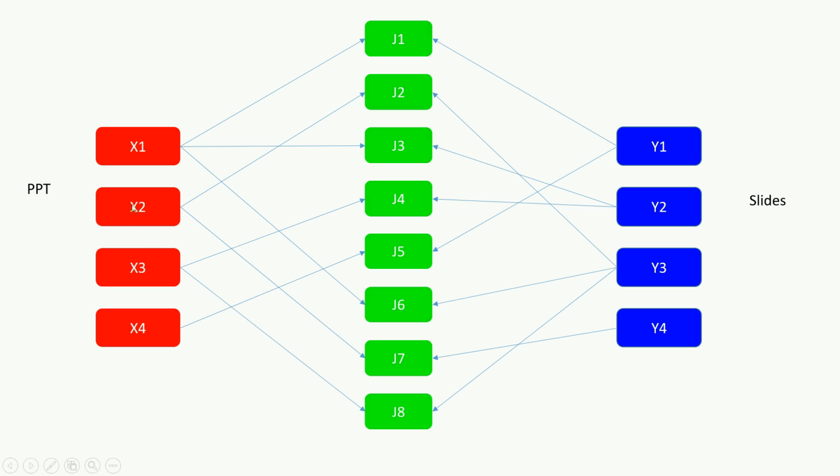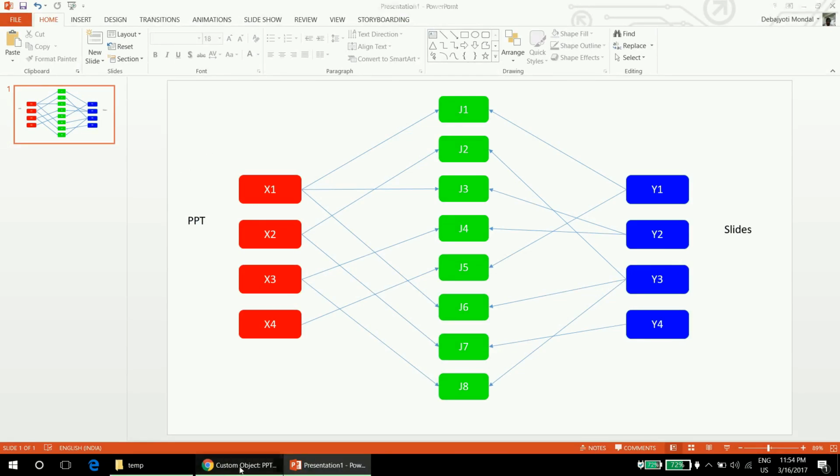So y3 has 3 children via this junction object. So you can easily access the details of y1, how many children it is related to, and how many children x1 has as a y object, a slide. You can easily access that.